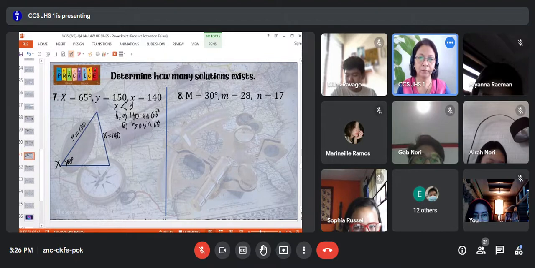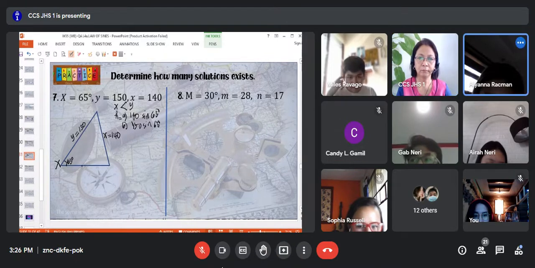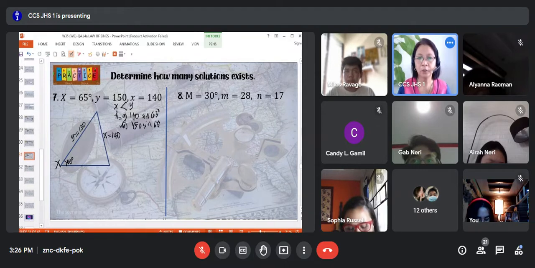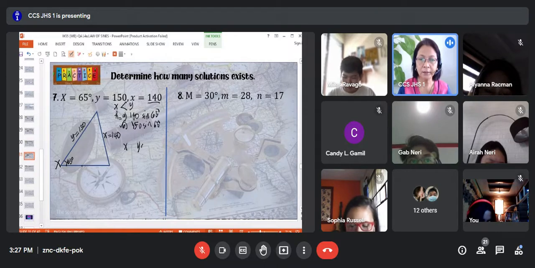A or B? B. Letter B is correct. It should be the other side times the sine of 65. So we are going to compare x with y sine of 65 degrees.